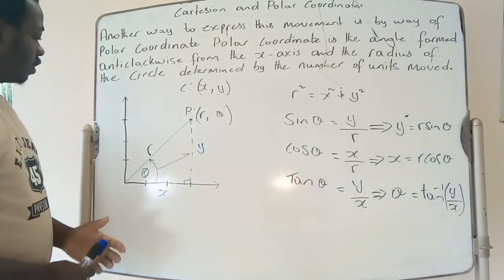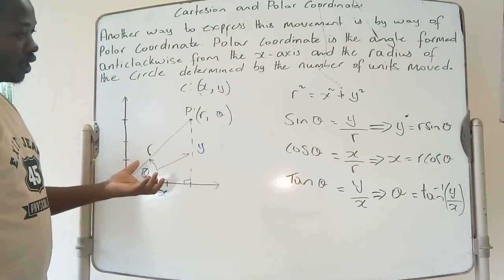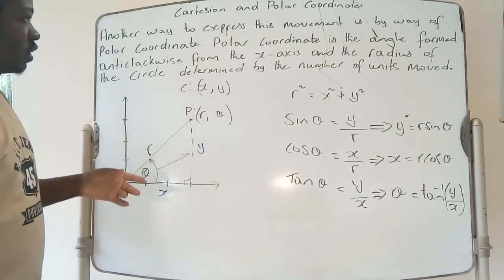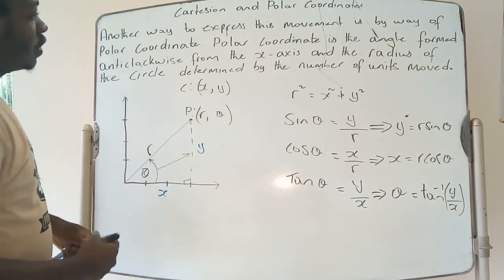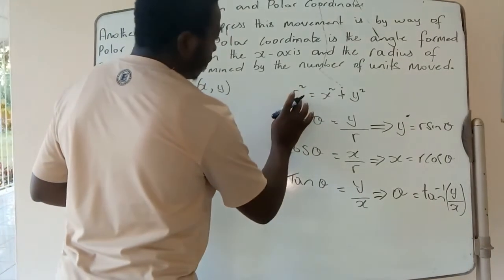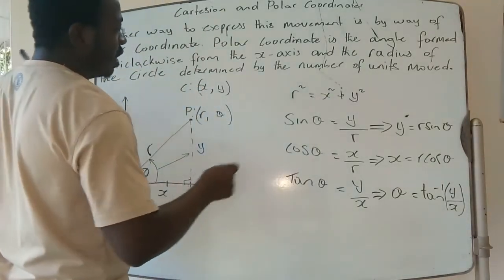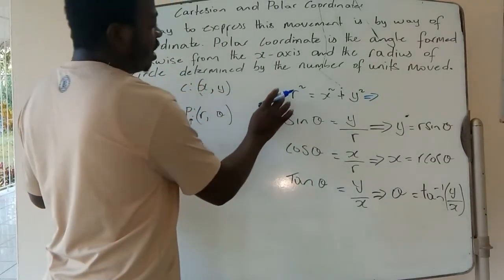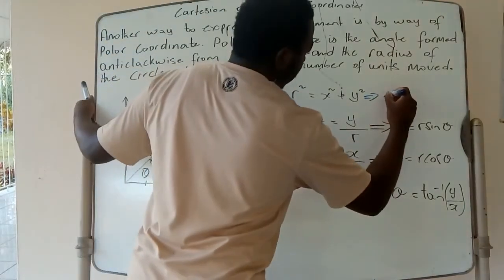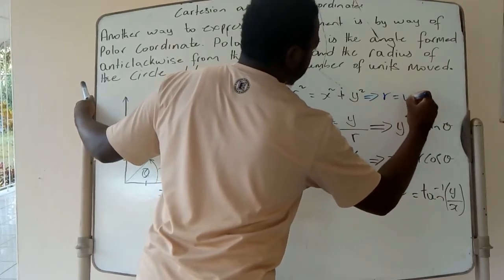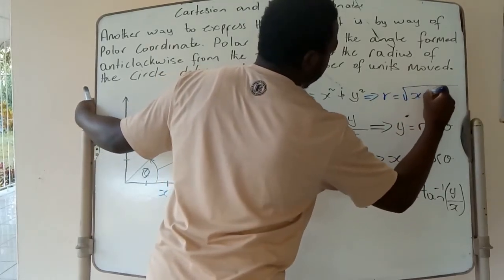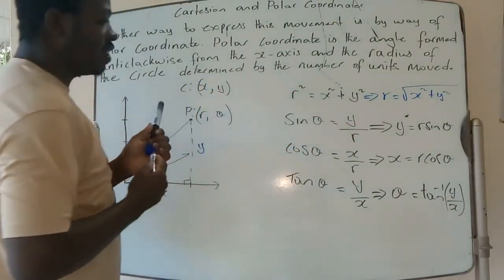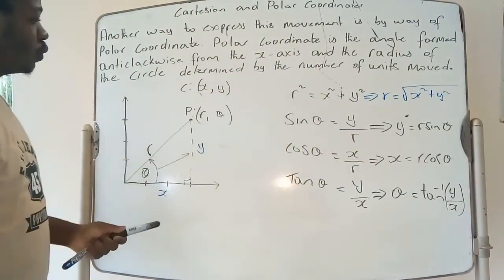Clear there? So that's a lot of relationships that we just discovered. So in other words, going back to this formula here, if you want to find what r is, then r is equal to the square root of x squared plus y squared. Make sense there? I hope I'm making sense to you.